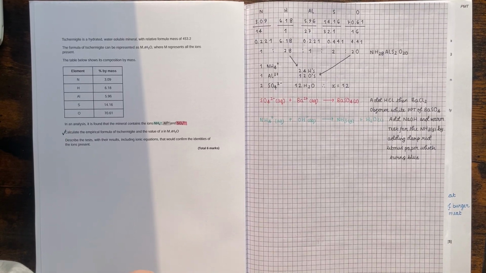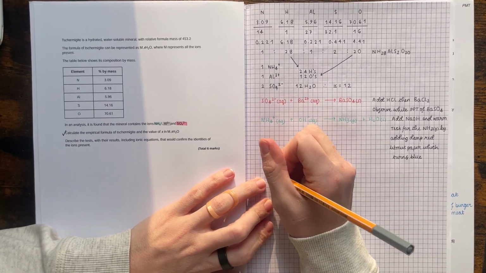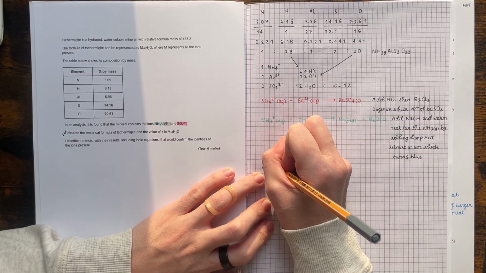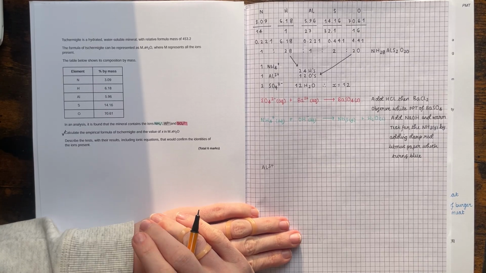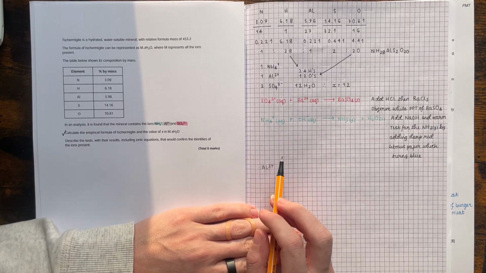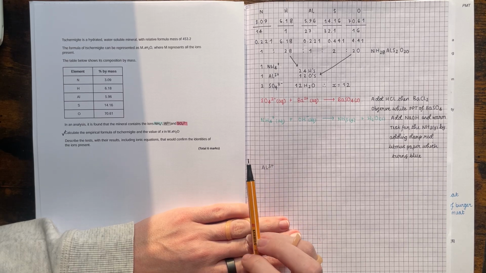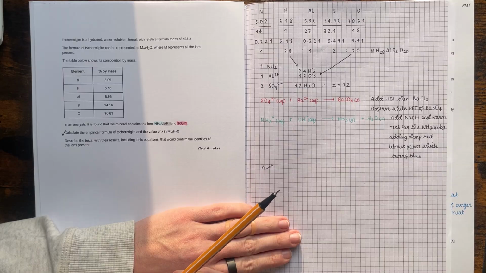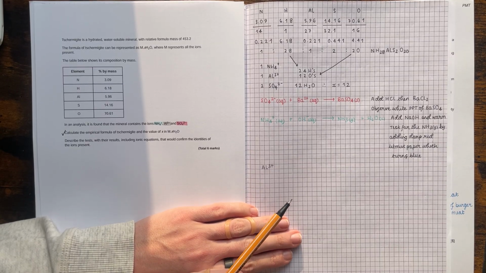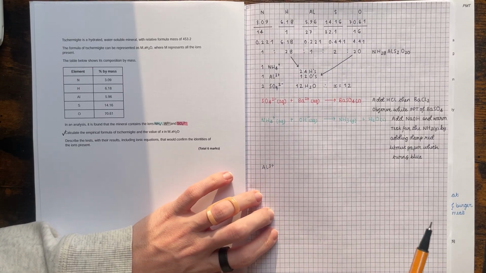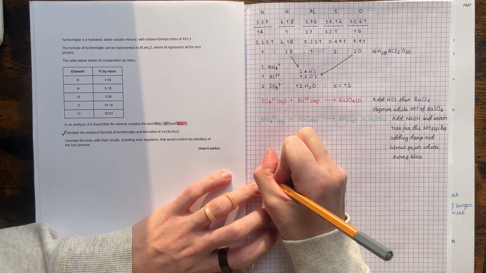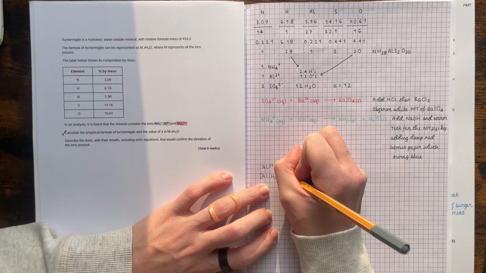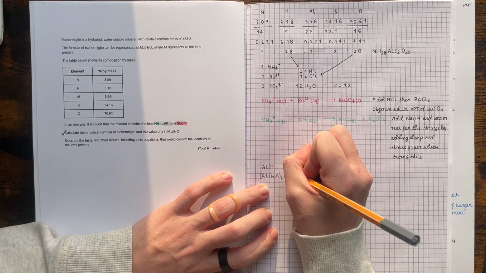And then the year 13 component of this question is your Al3+ ions. So this comes from the reactions of metal ions in aqueous solution topic. Now, I've written that, but I'm not actually going to use that in my equations, because the assumption would be that because this is water soluble, and we've got those waters of crystallisation, we would have the hexaaqua aluminium ions, so we would actually start with [Al(H2O)6] with a charge of 3+.